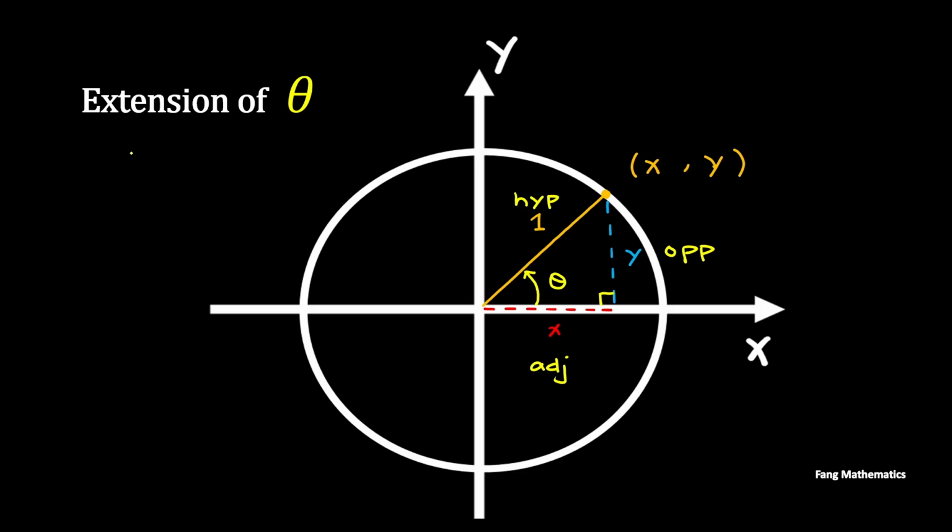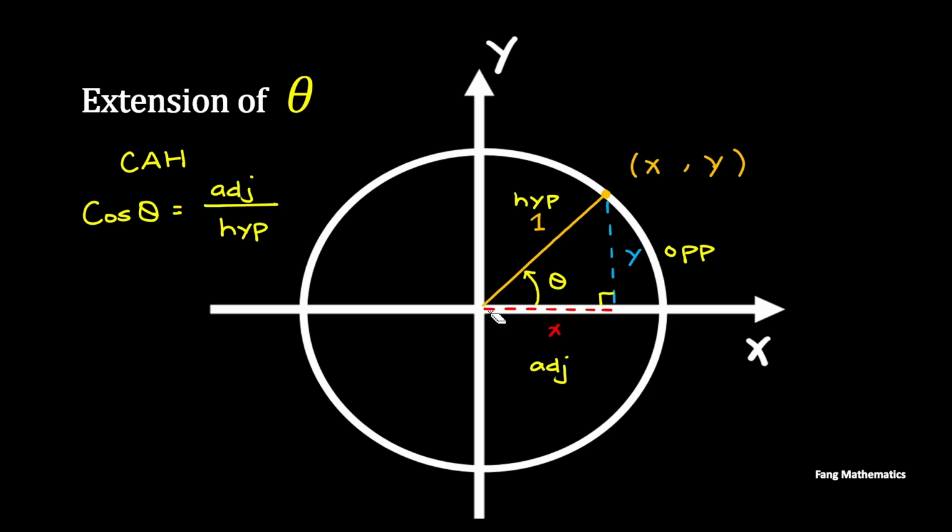So cos theta is equal to adjacent over hypotenuse. We substitute the corresponding adjacent and hypotenuse into this function.